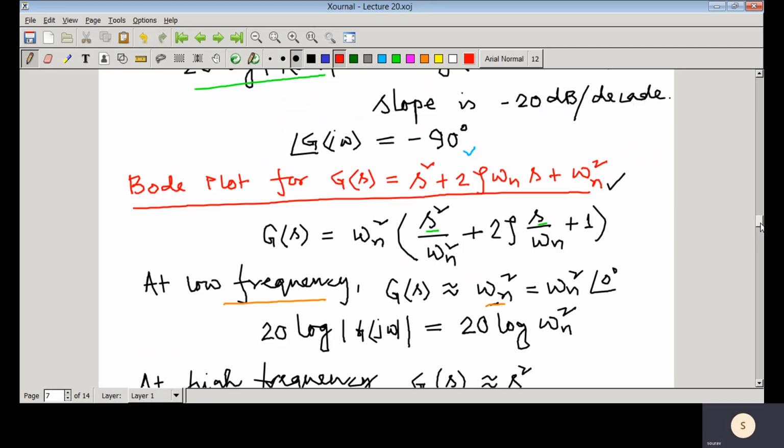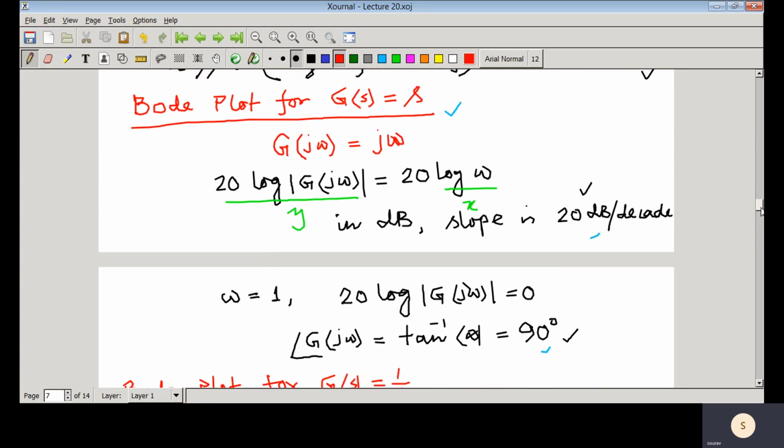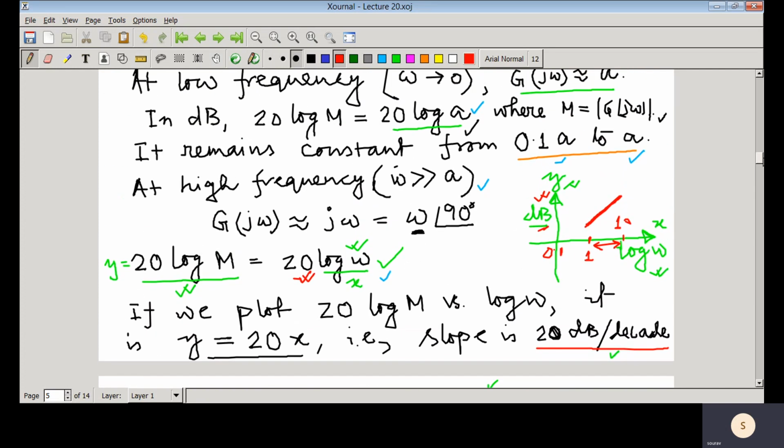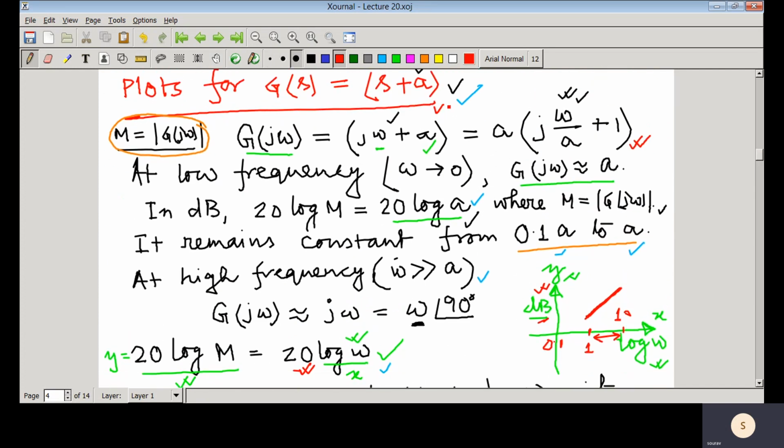So similarly, whenever it is S, at omega equal to 1 you can see it becomes 0, and whenever S plus A or 1 by S plus A, then at high frequency the value is omega, and at low frequency you can see that it is coming 20 log A. So at omega equal to A, we can see that low and high frequency asymptotes are same.